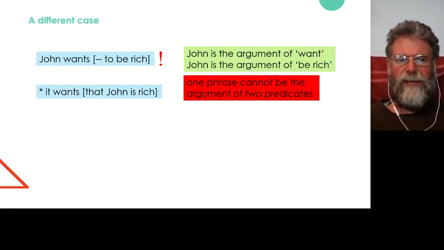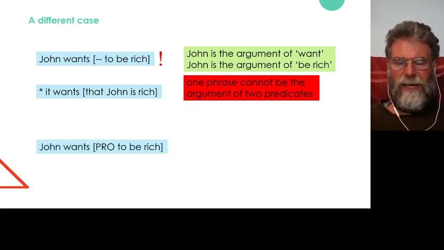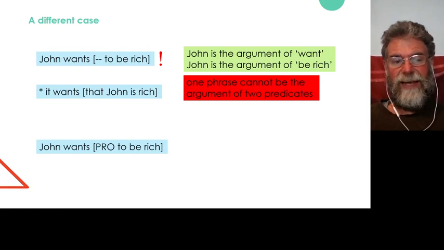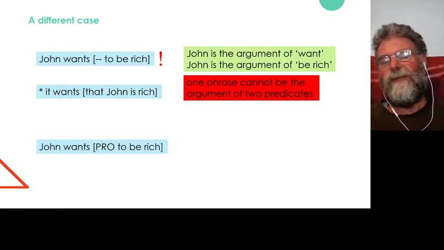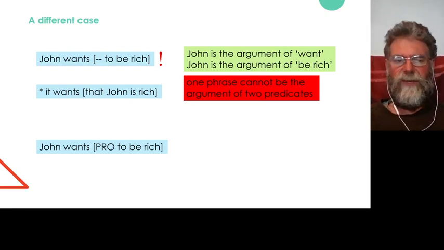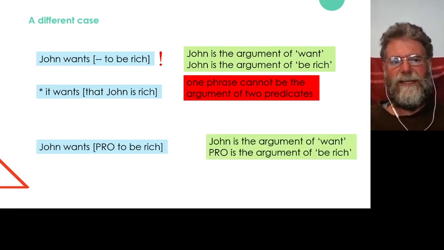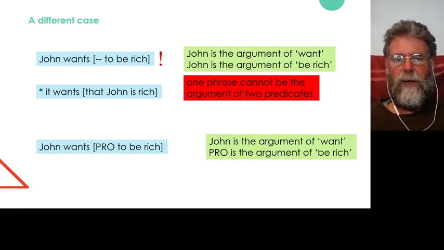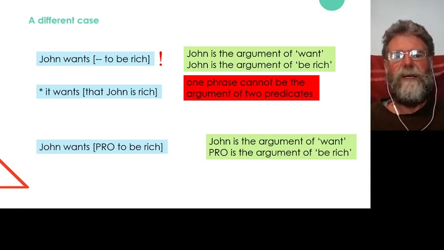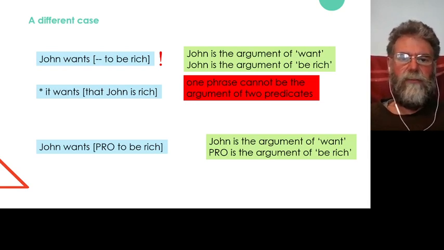Now, from what we've said about "want" then, that would seem to suggest that it has exactly this kind of structure where John is sitting in the subject position of "want," and then there is another argument which is the subject of the lower clause. Now, if this is the case, then if we have an unpronounced pronoun subject, pro, then John here is interpreted as the argument of "want," and pro would be the argument of "be rich."